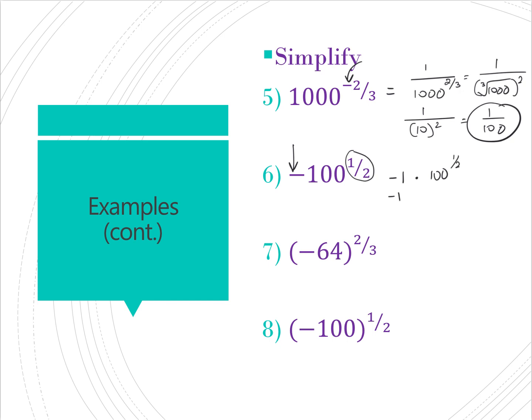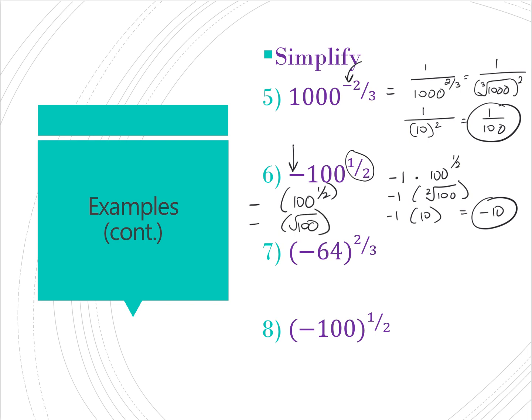So -1 times the square root of 100, right? And so that's -1 times 10, or -10 is the answer. Or you could think of it as just the opposite of 100 to the 1/2 power, the opposite of the square root of 100, which means the opposite of 10. And that's another way to get that same answer.